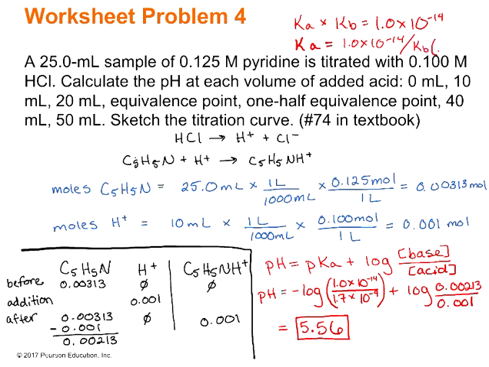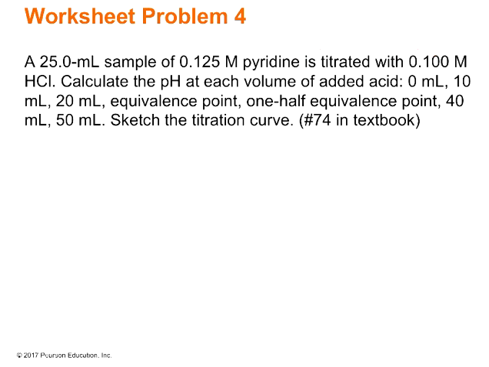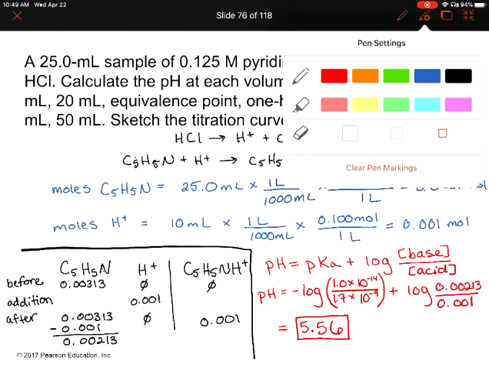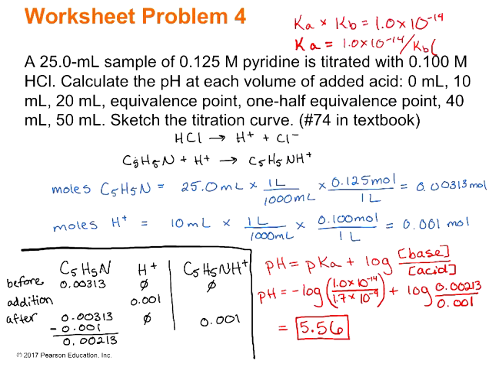We're just dividing by the Kb value of, oh, almost wrote NH3 there. I meant to write pyridine. There we go. So that will give us the Ka value of the conjugate acid, and that's what we plugged into the Henderson-Hasselbalch equation.